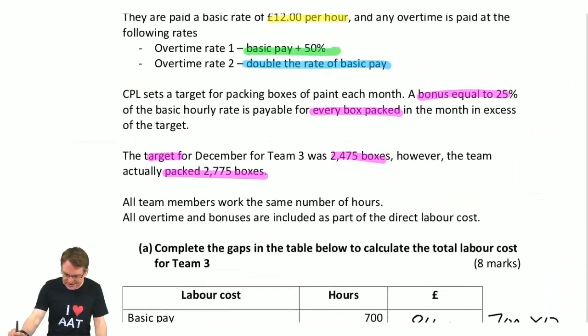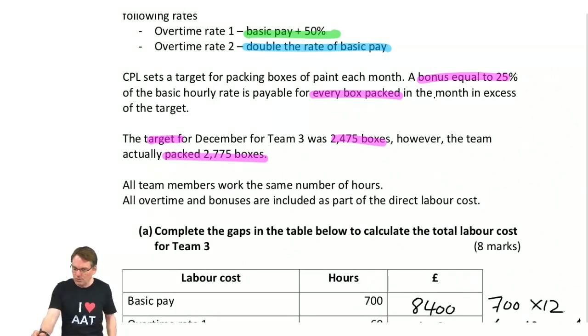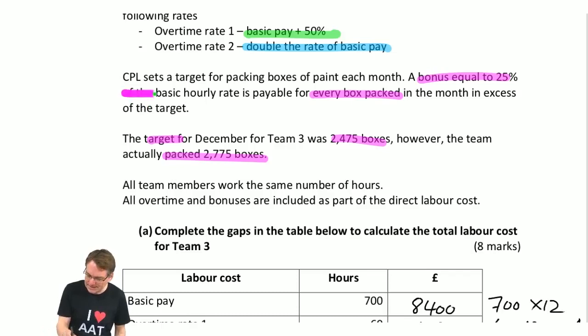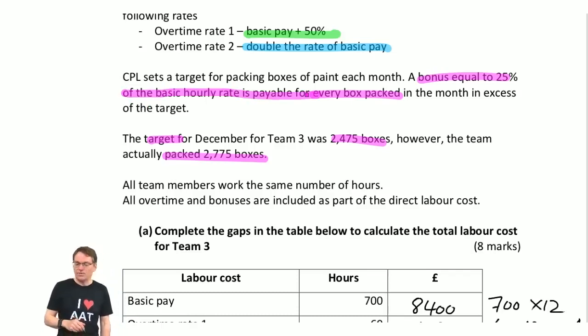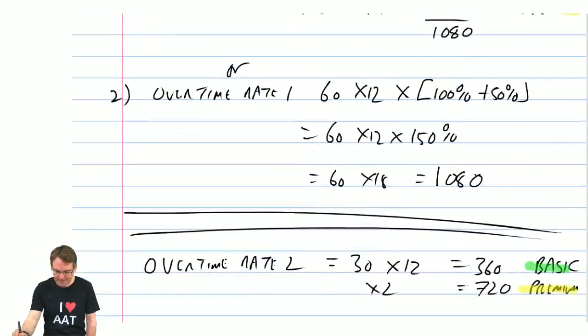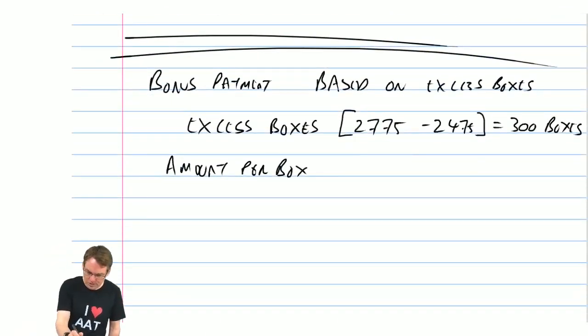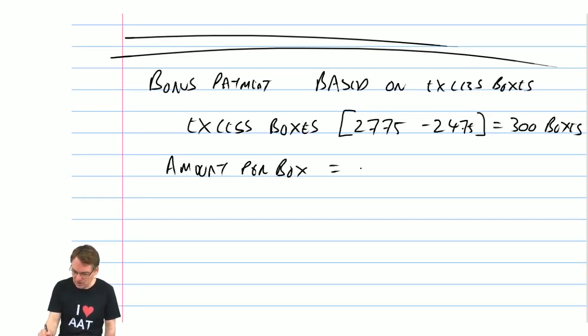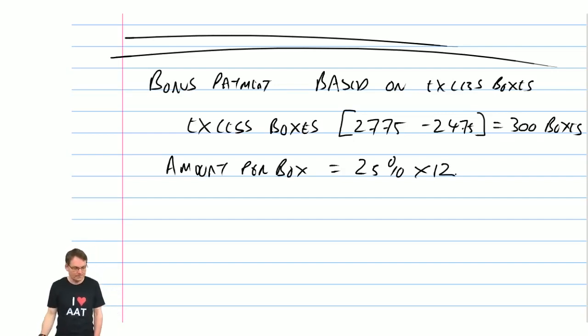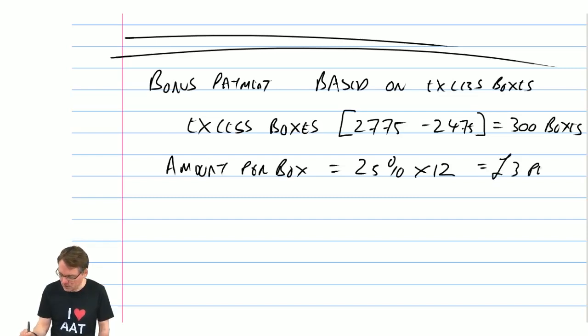The amount per box: it says a bonus equal to 25% of the basic hourly rate is payable for every box in excess of the target. So the amount per box is going to be 25% of the basic hourly rate, and the basic hourly rate was £12. So in other words, we're going to pay them £3 per box.